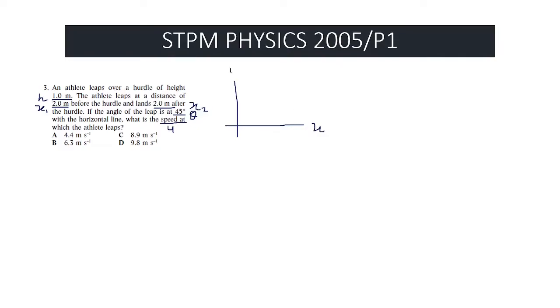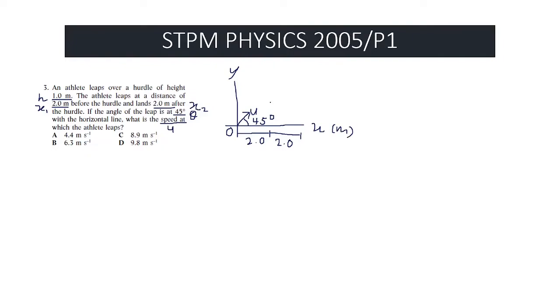We draw a diagram to show what the question tells us. We have x, we have y. This is the 0 point. So the athlete will start to leap from this point with a certain initial velocity u, 45 degrees above the horizontal line. From here to here, let's say this is x1, so this is 2.0, and from here to here, let's say this is x2, also 2.0, and the unit is meters.